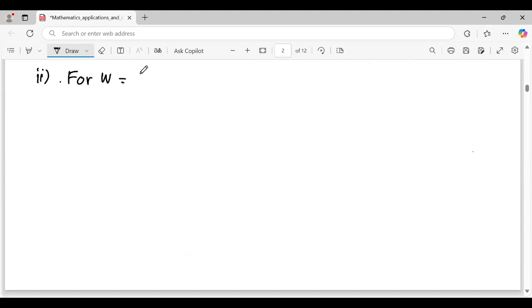For W equal 780, the z-score z1 is 780 minus 800, just now we calculated this one 800, divided by 15, and the result is minus 1.3333.